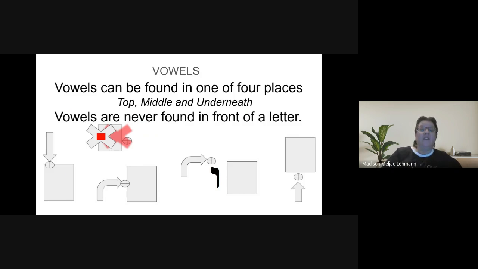Okay, so again, where can vowels be found? Vowels can be found in 4 places. Let's start from right to left like we read in Hebrew. The vowel can be found underneath the letter. That is one of the most common places. Many vowels are found underneath the letter. It can be found next to the letter, near a helper letter.